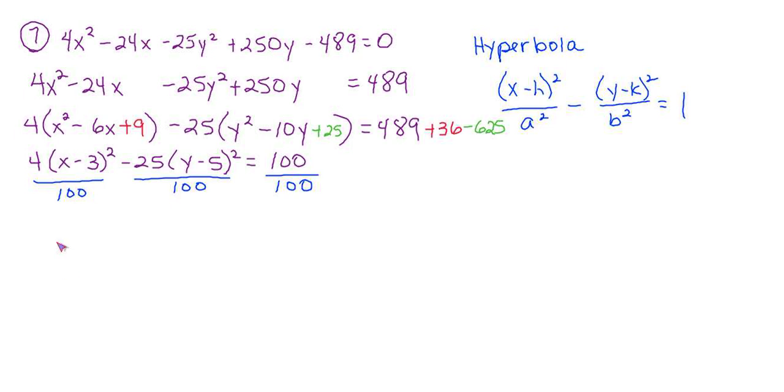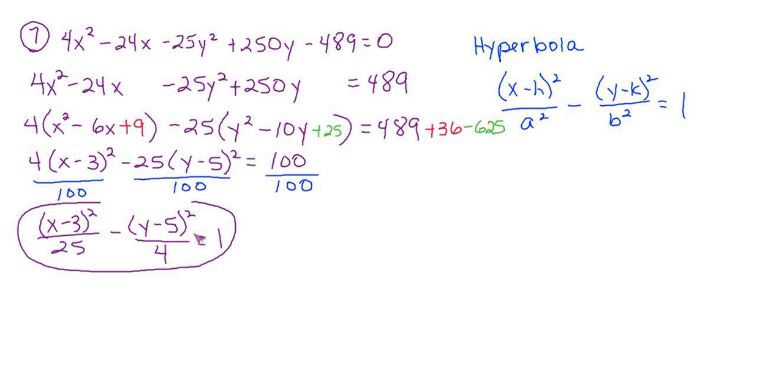So I now have x minus 3 quantity squared over 25, since 4 goes into 100 25 times, minus y minus 5 quantity squared over 4 equals 1. So there is my nice form. So I'm all ready to graph that hyperbola.